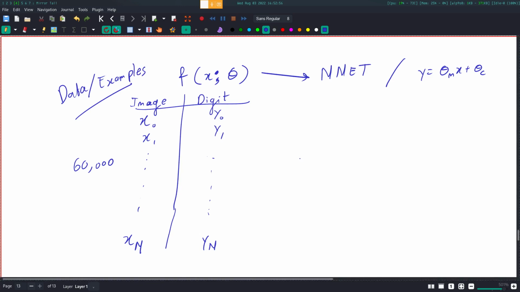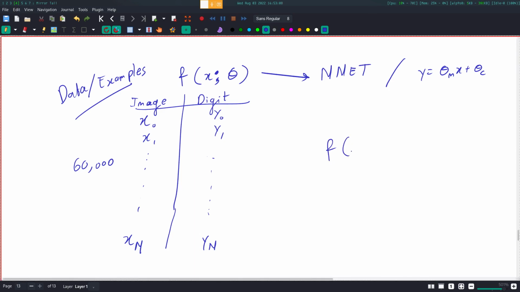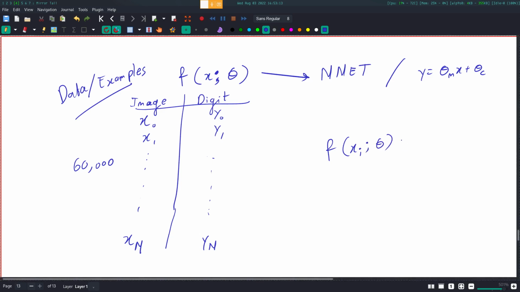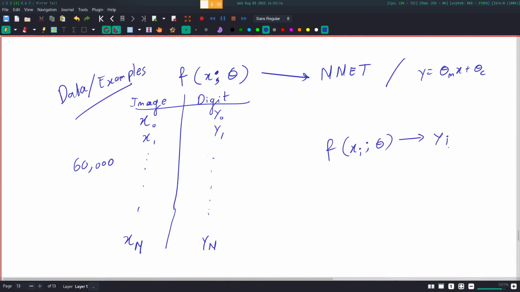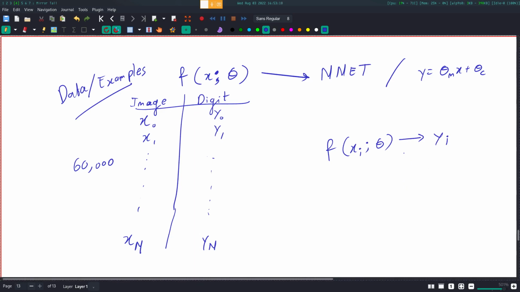Now the loss function is basically supposed to characterize what we expect our f to do: if we pass any xi to f, then the output should be yi. The loss function characterizes whether that's happening, or how often that happens, or some statistical measure of how close we are to actually achieving this, and that is your L.